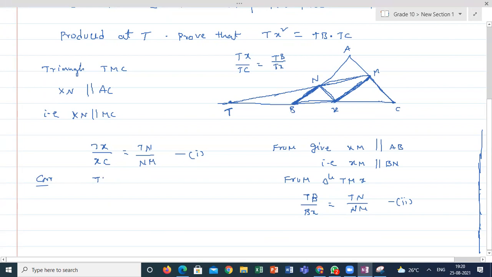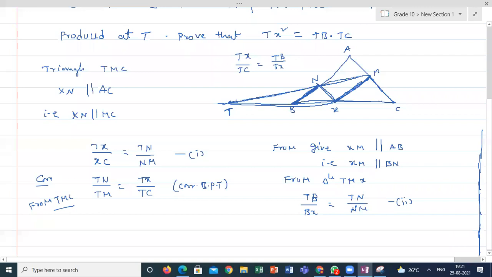Tn by Tm can be written as Tx by Tc. I'm taking triangle TMC, Tn by Tm, the total length, by Tx by Xc, because Nx is parallel to Mc.